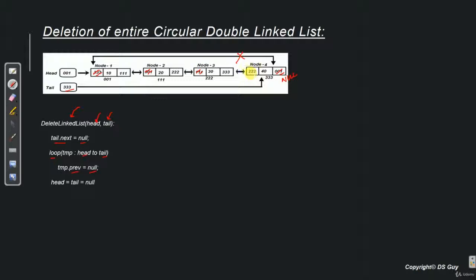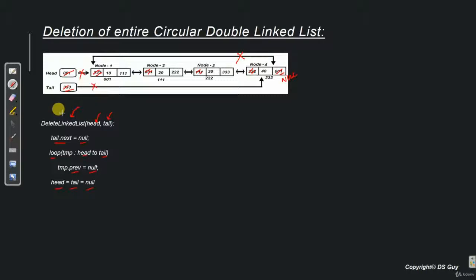What is previous reference of node 4? It is this. So all of these 4 references are set to null. Once that is done, we say head is equal to tail is equal to null. So we make this and this as null. Essentially, we are destroying all these connections. So I hope you have understood how does the algorithm works.